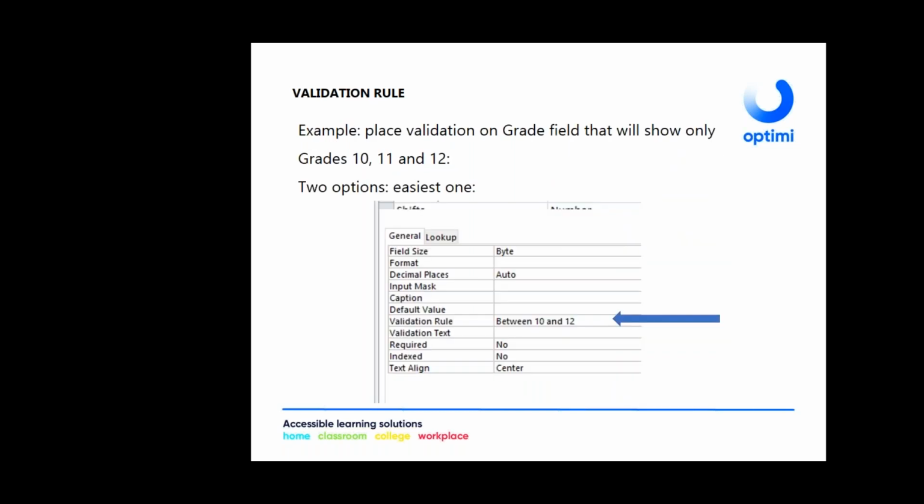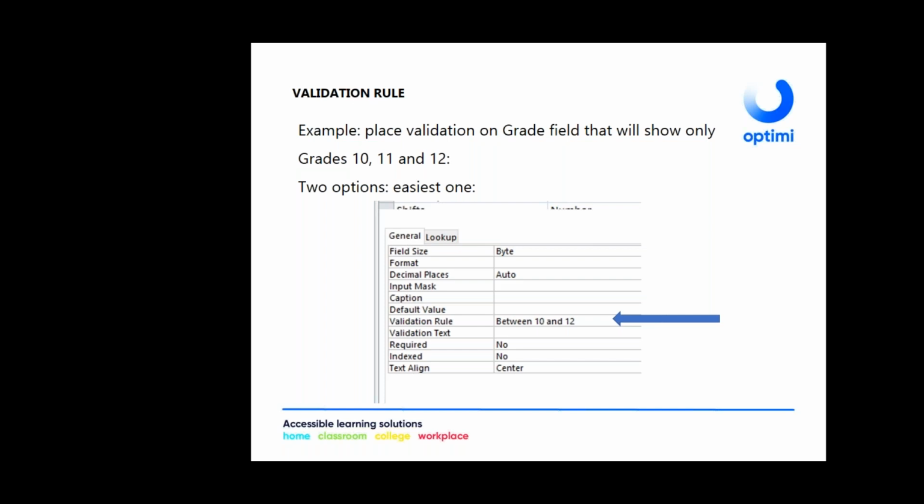For example, now they say we must show only grades 10, 11 and 12. In other words, the secretary, when she is in datasheet view, is not allowed to type in 9876. She's only allowed to type in either 10, 11 or 12.